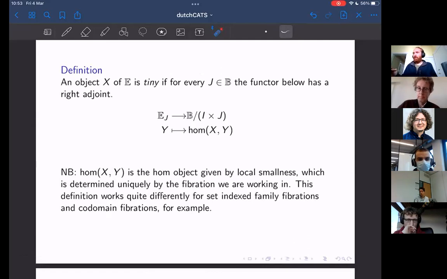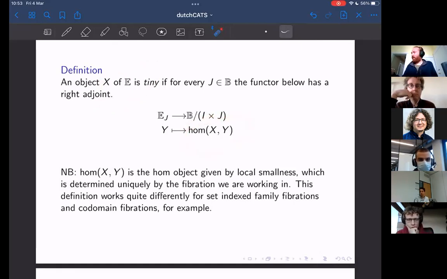Okay, so this is a generalization of some existing notions, but point out that this is defined for families of objects, and you can define it in any locally small fibration. It's defined using the hom objects in the fibration.